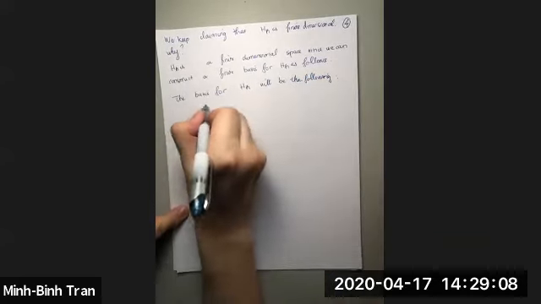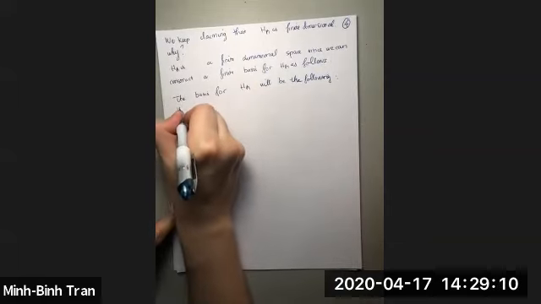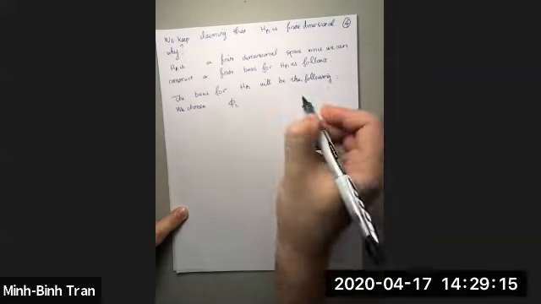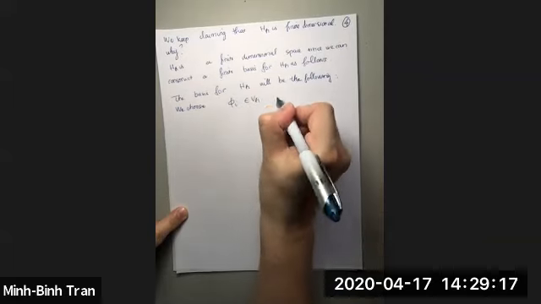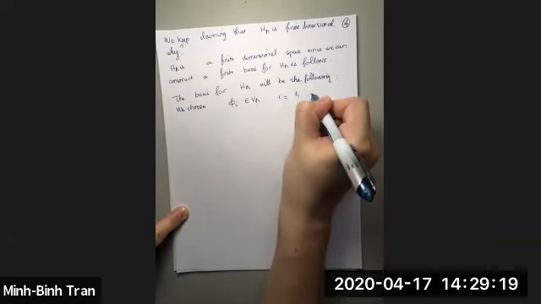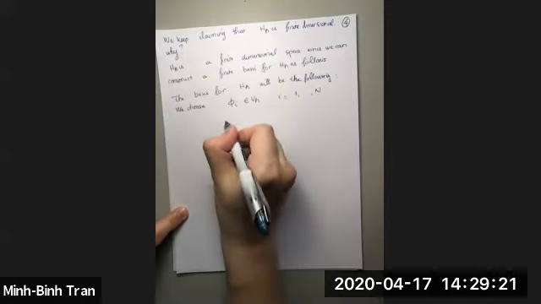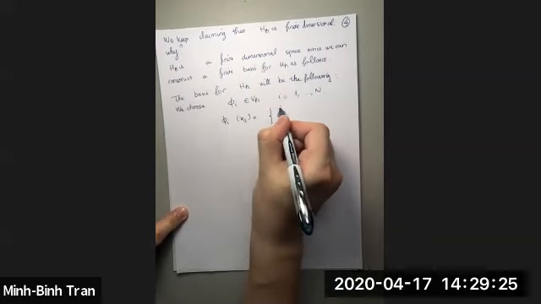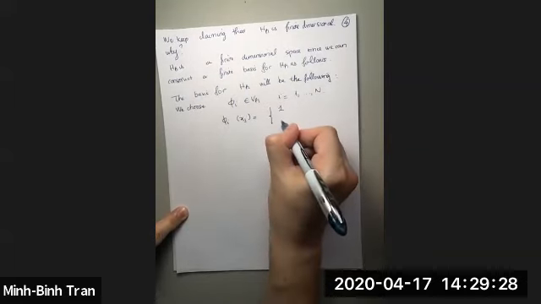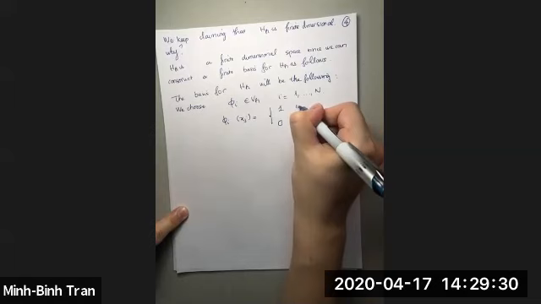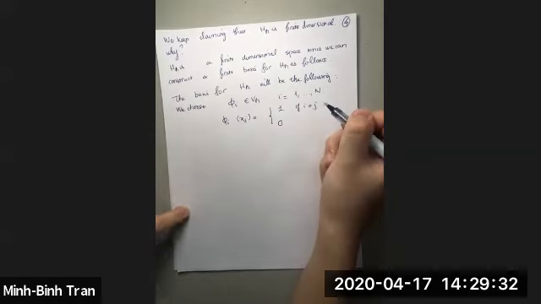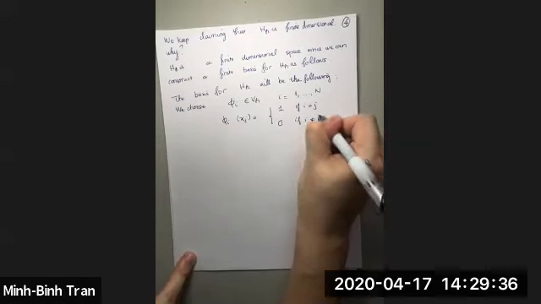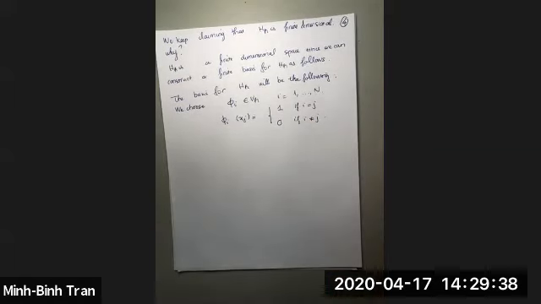So we choose phi i in VH, for i from 1 to n, right? And phi i of x_j will be 1 if i is equal to j, and 0 if i is different from j, right?